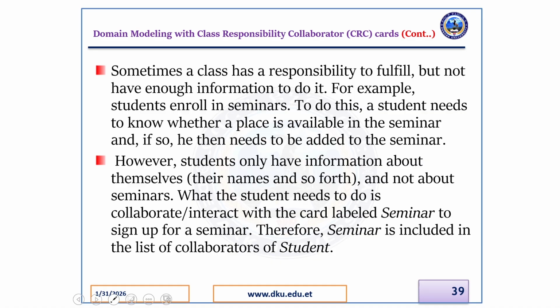However, students only have information about themselves, their names, and so forth, and not about seminars. What the student needs to do is collaborate or interact with the card labeled seminar to sign up for a seminar. Therefore, seminar is included in the list of the collaborators of the student.